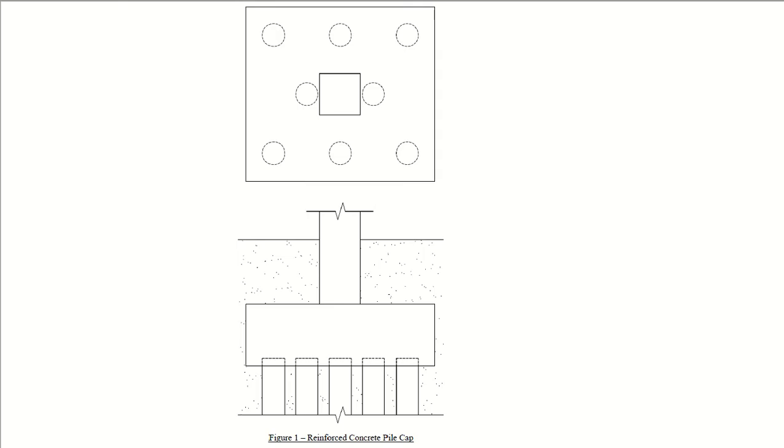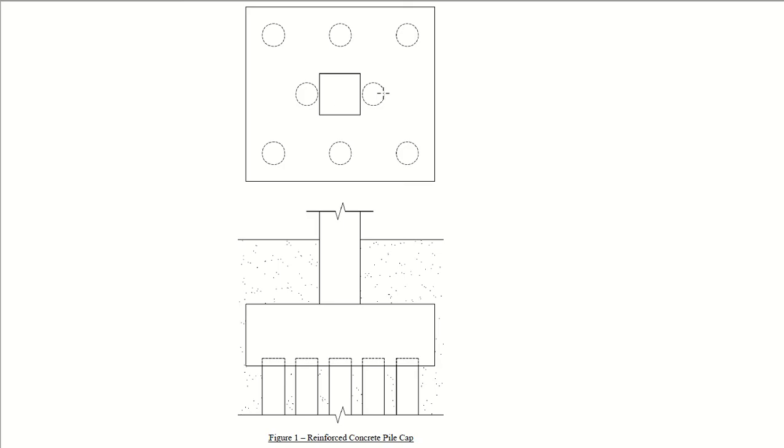This is basically the layout of a reinforced concrete pile cap. See, this is the column, the building column, which is resting on the pile cap, and then pile cap is lying on these piles. So this is the elevation, and this is the plan. You can see the column, the rectangular one, this one column.